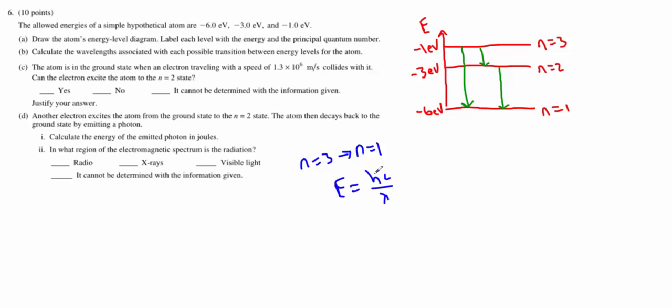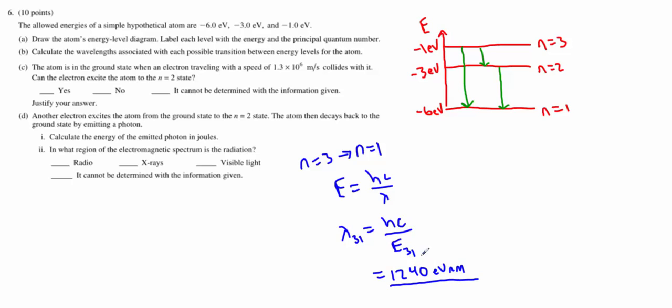Lambda is what I'm looking for, and hc is a constant, and I have that constant in eV, so that's what I want. So I'm going to say the wavelength that comes from the 3 to 1 transition is going to equal hc over the energy 3 to 1. hc, we're going to use the hc that is in electron volts, so 1240, and that's going to be eV nanometers.